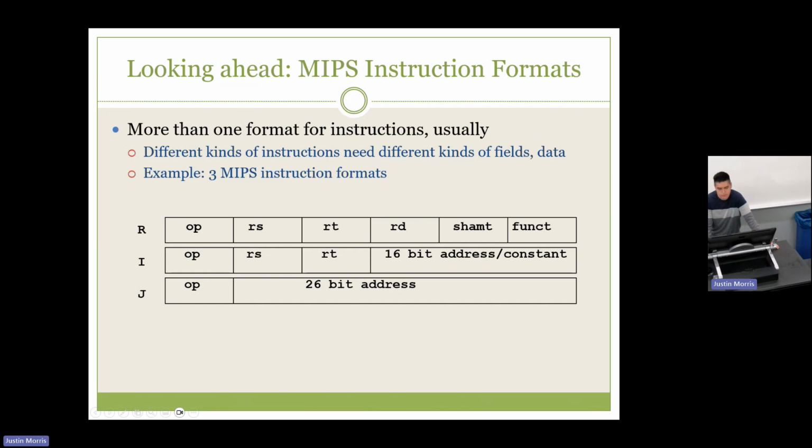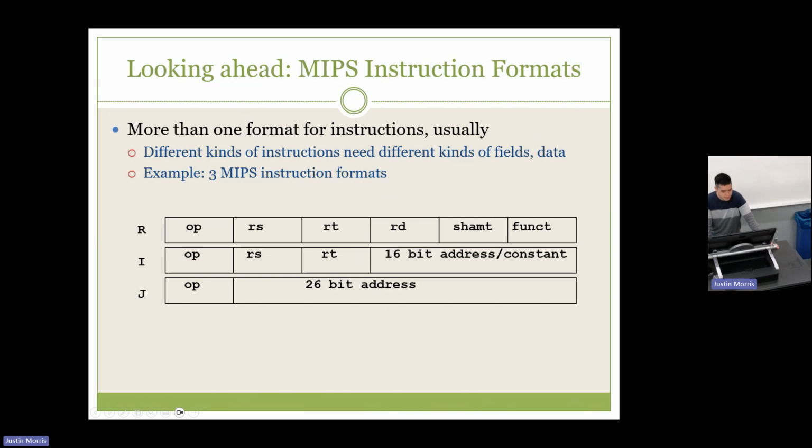It will also tell you what the operation is. But for R type, the opcode will tell you that it's R type, and then the funct code will tell you what the actual operation is. Then you have 3 operands for R types: RS, RT. These are the ones that you're going to work on. RD is your destination. And then shamt is for if you're doing a shift function. It's just the amount that you're going to shift by.